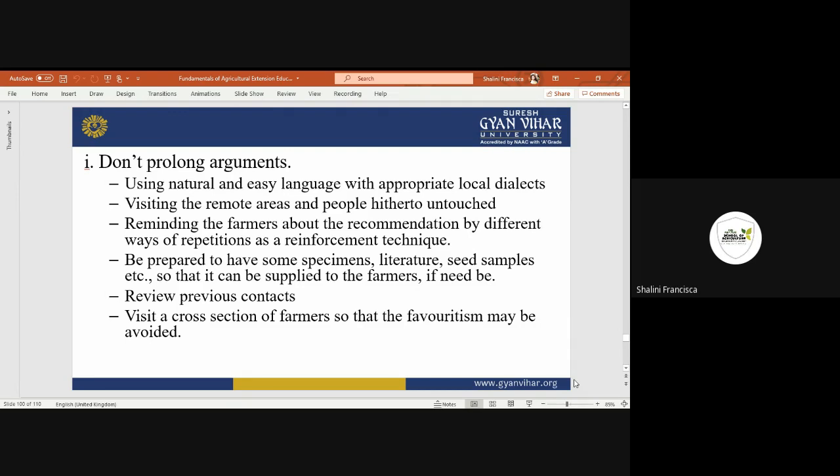Okay, visit a cross section of farmers so that favoritism may be avoided. Don't go on visiting only the farmers who are big landholders. Go to the small landholders, or even to the people who work on others' farms. Don't just go to the big landholders and talk to them, or only the panchayat people.